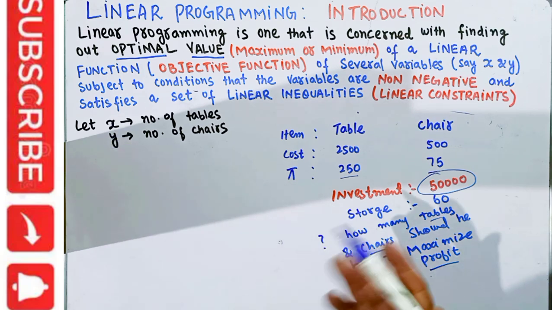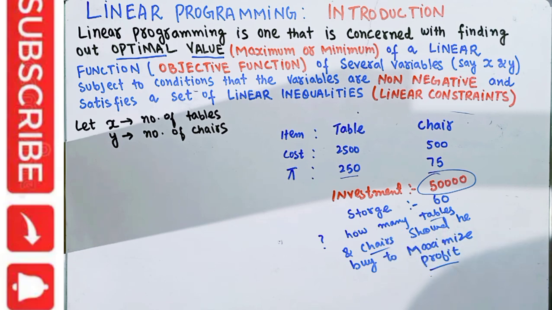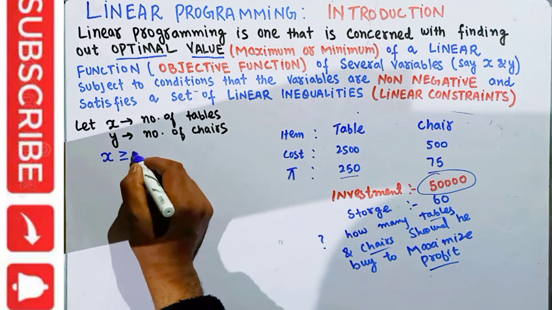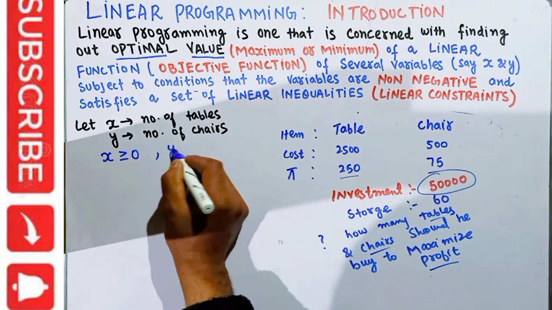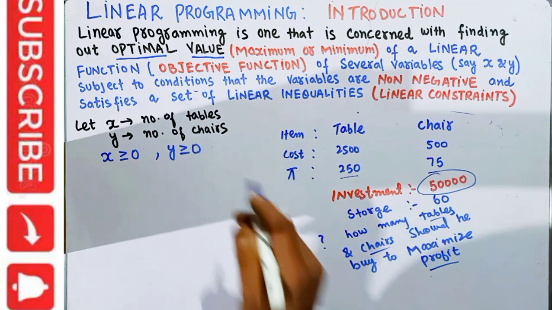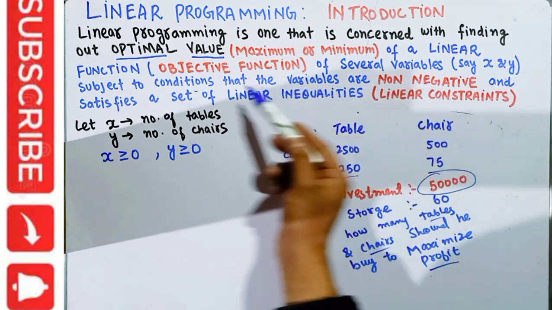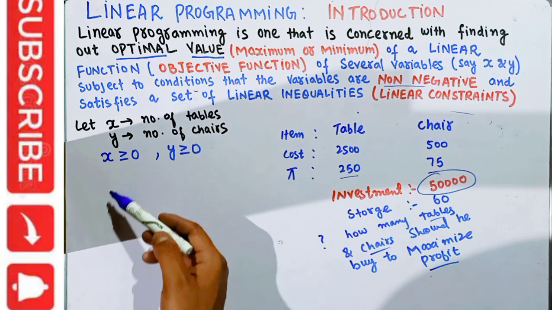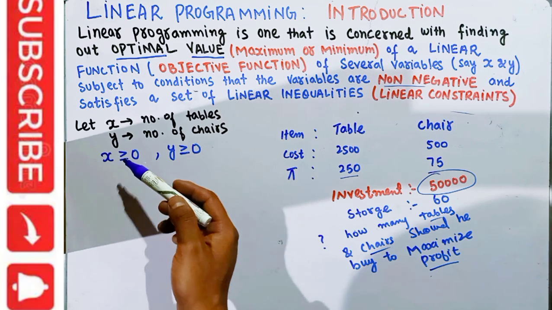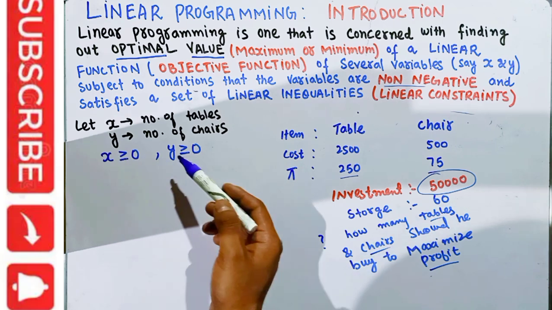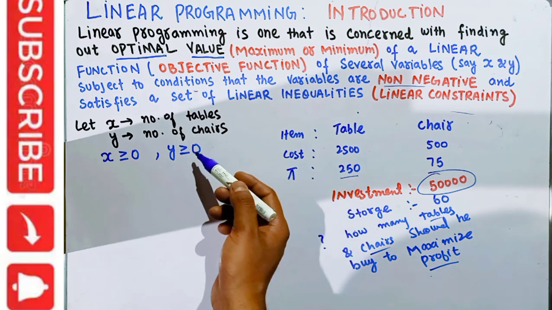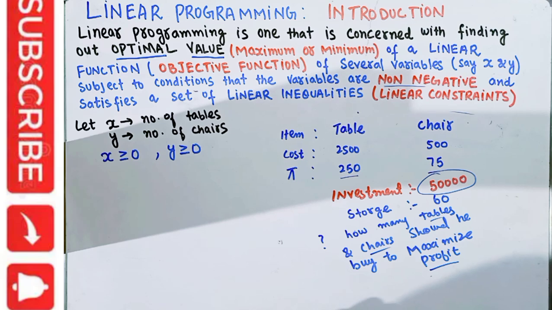These are called the decision variables. First, x should be greater than or equal to 0 and y should be greater than or equal to 0. So the variables are non-negative. The number of tables can be 0 or greater, and similarly the number of chairs. These are the non-negative restrictions.